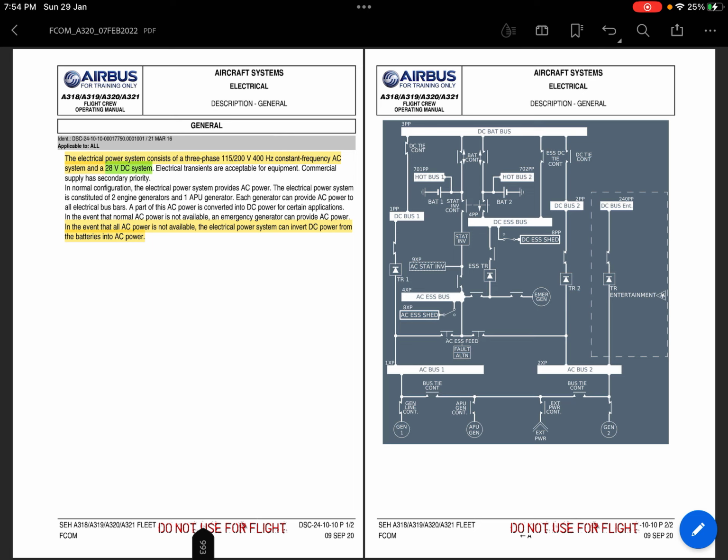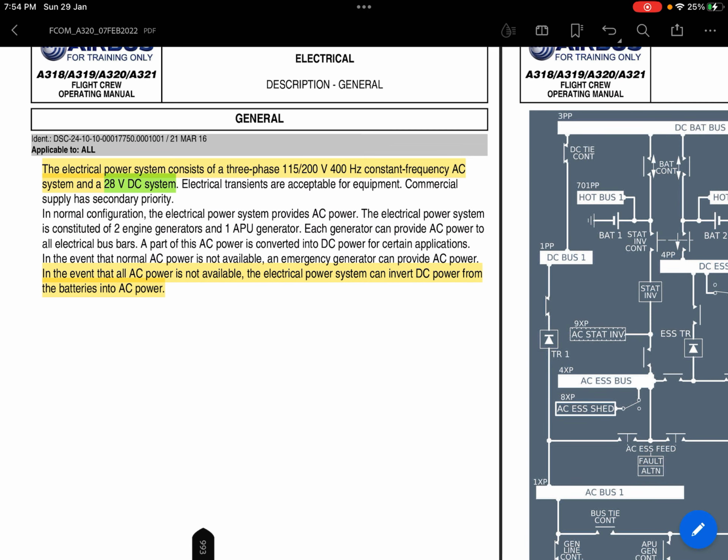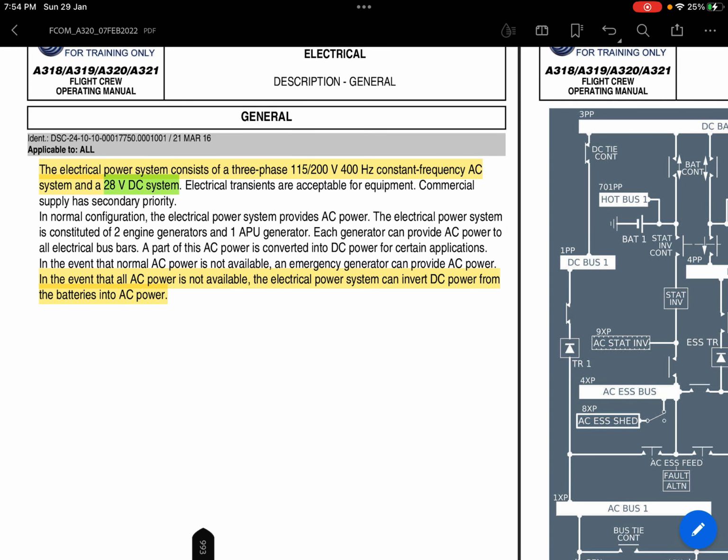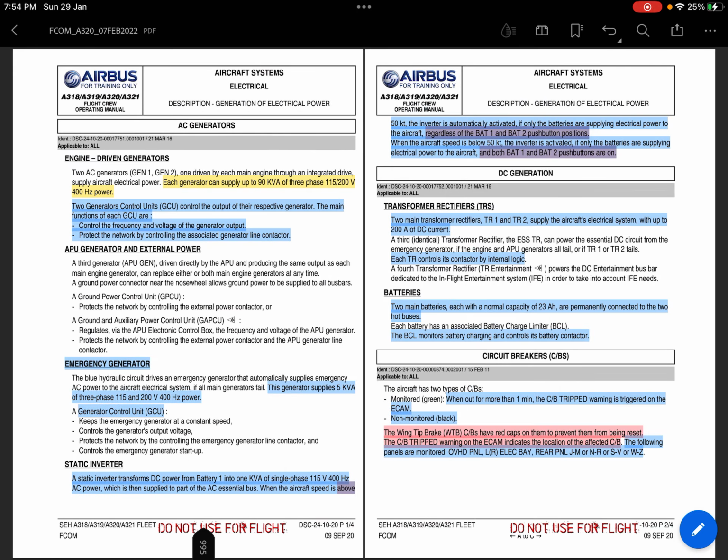The batteries are of, okay, here it is. We have a 28 volt DC system, right? Correct.